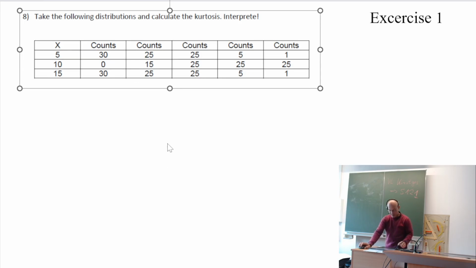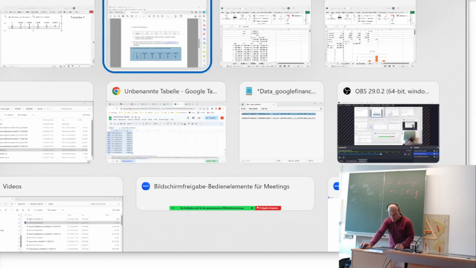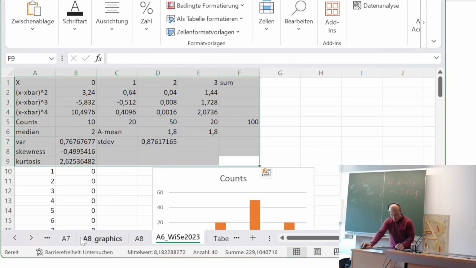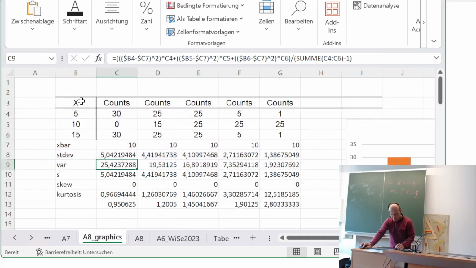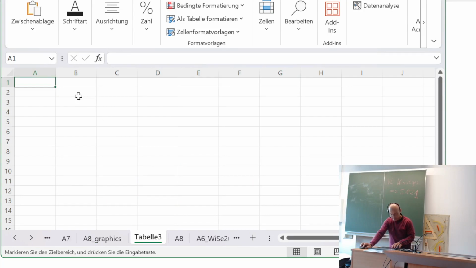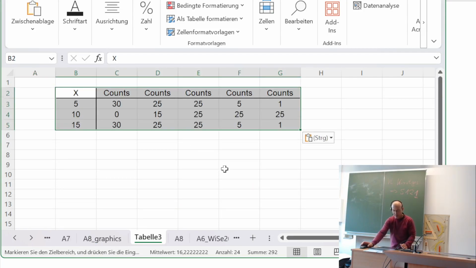And for this, let's just look. I think I had it already here, but I will do this together with you. For this, we can also just look how these distributions look like.